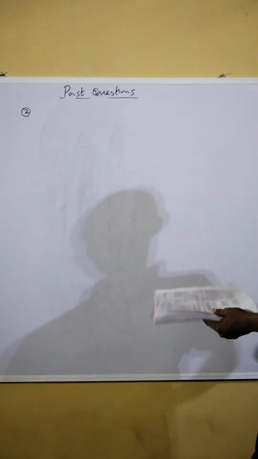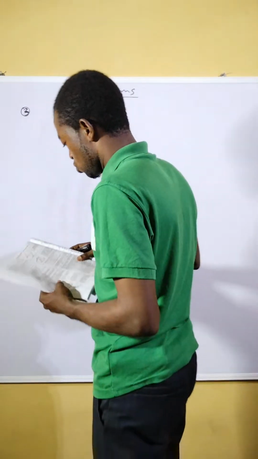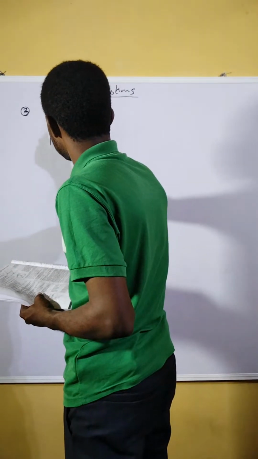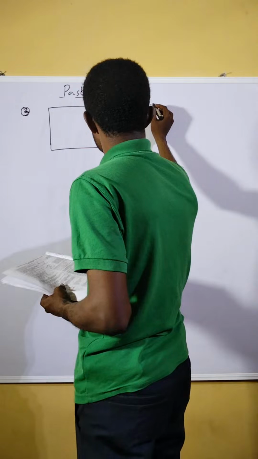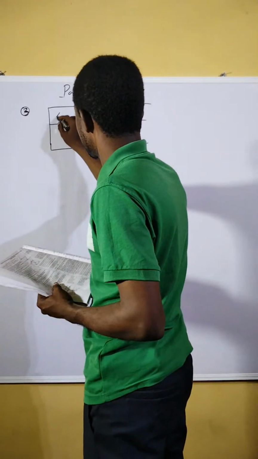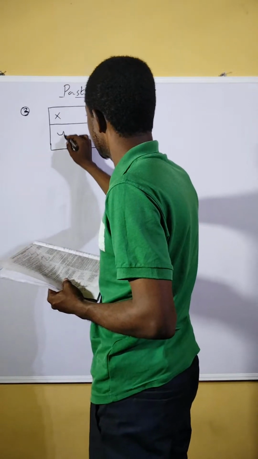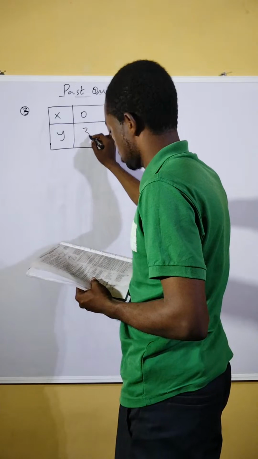So let's consider the next question here, which will be number 3. We are given this table, and we have the values of x and y. Here we have 0, 3.